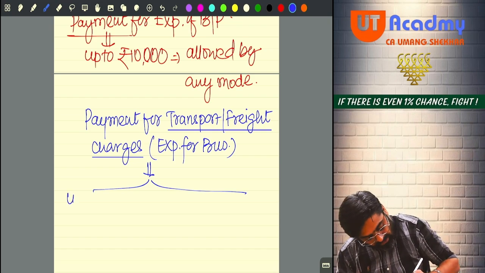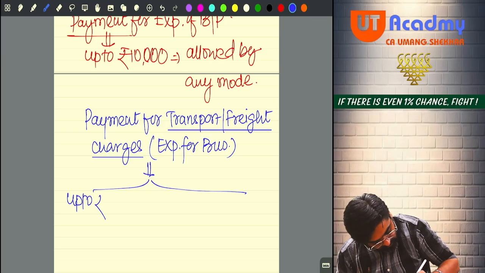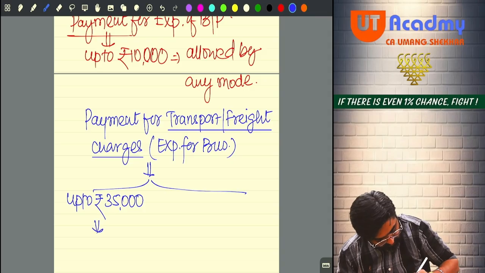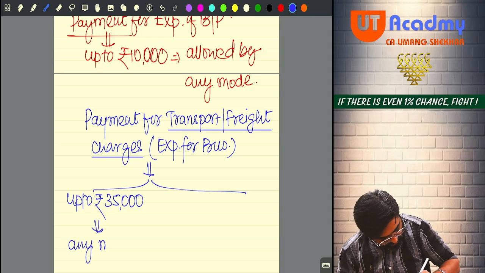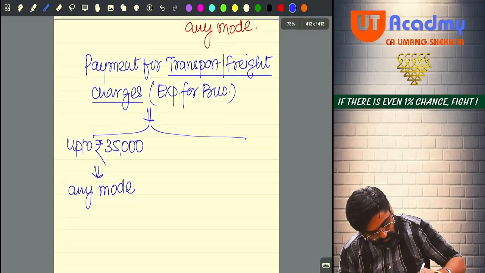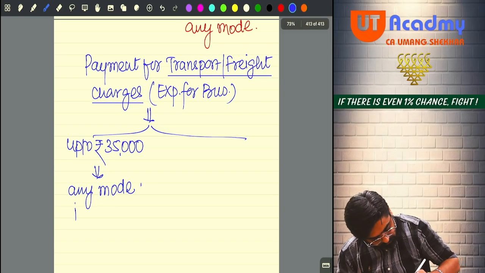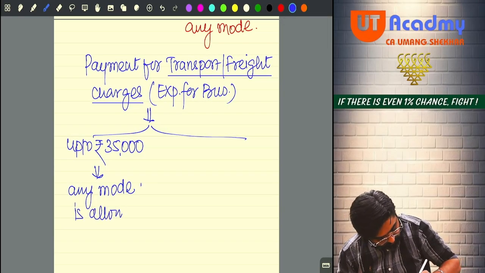So if that payment is up to rupees 35,000, then any mode is what? Allowed.